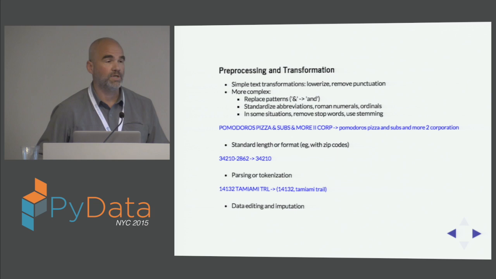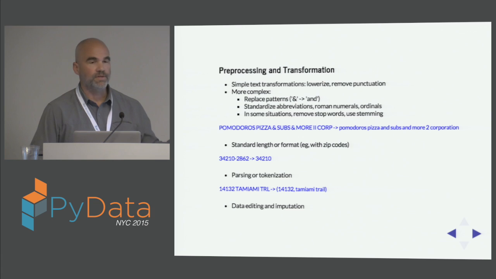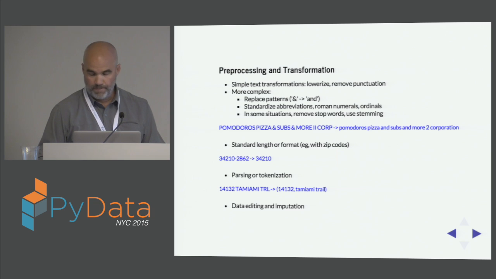The first thing you typically have to do to your data before you do these comparisons is some sort of pre-processing. And I'm not going to spend a lot of time on this because I think you've probably all done it or seen it in some form or another. But it's usually things like standardizing on a particular case and removing abbreviations, standardizing on a zip format, parsing things, or sometimes it's called segmenting things into pieces so that you can compare them more easily.